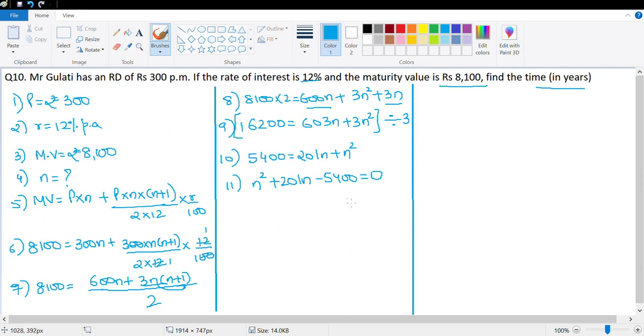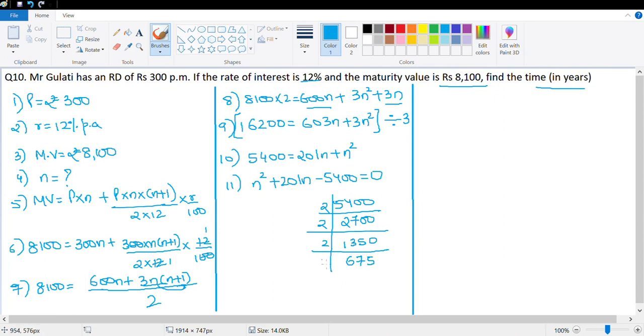So I need to find factors of negative 5400, the sum of which should be 201. So let's do the prime factorization. So this is 2 and 2700, 2 and 1350. Again 2, and so on, then 2 into 7 and 5.